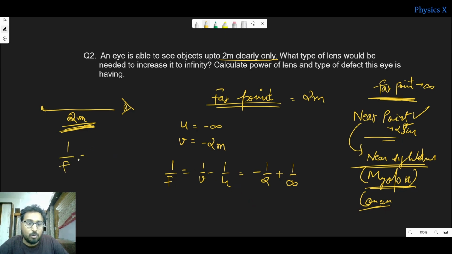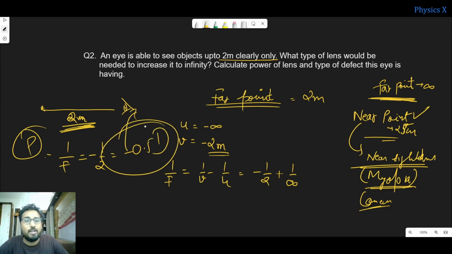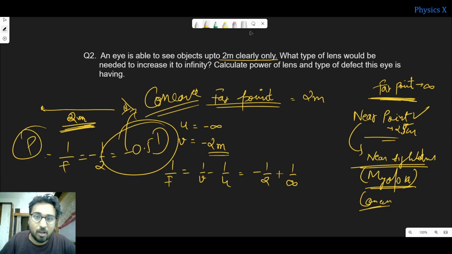So 1 by f is minus 1 by 2, which is also the power of the lens because we are taking meters. Power is minus 0.5 diopter. The negative sign indicates a concave lens, which we know is needed to correct near sightedness. This is how you solve these questions.